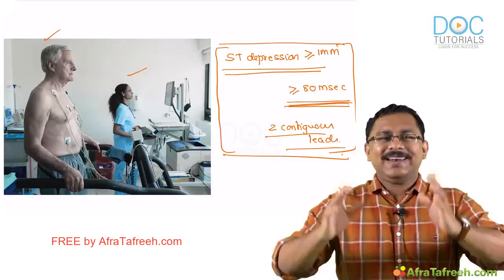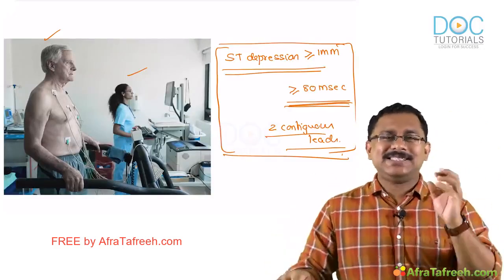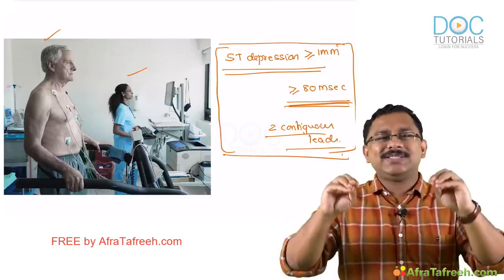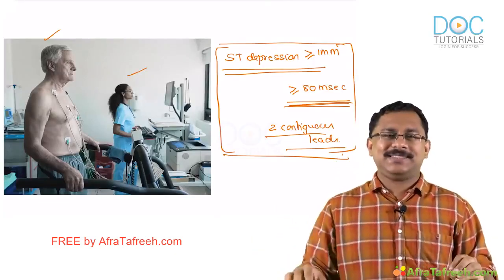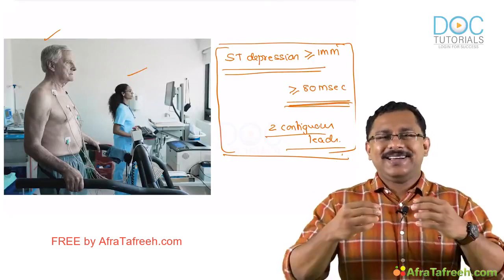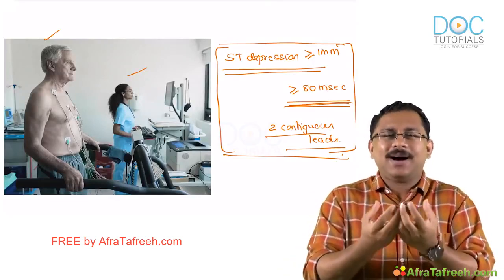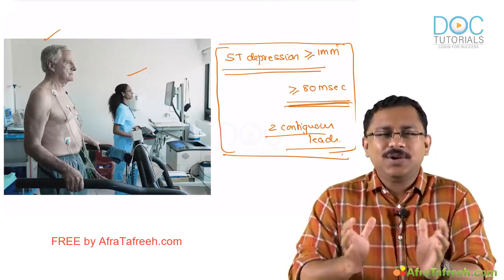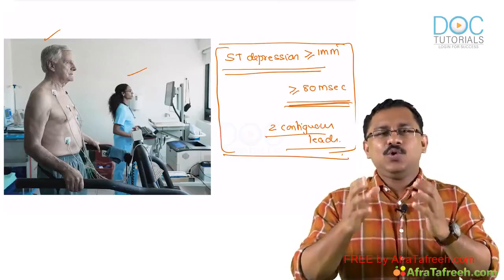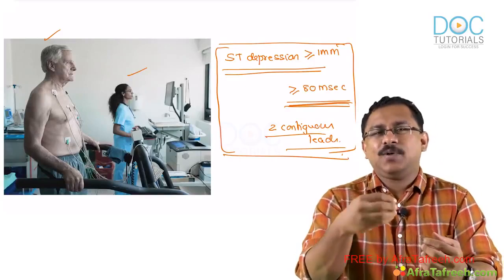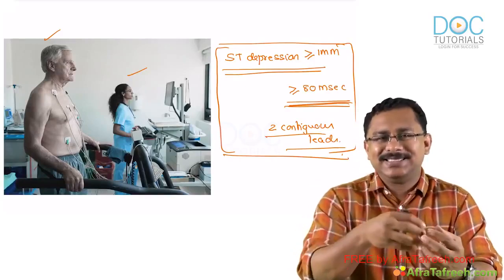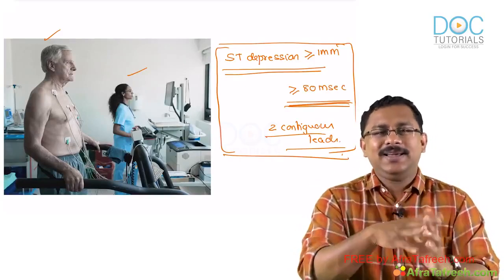Naturally, this treadmill test is nothing but iatrogenically trying to produce a demand supply mismatch. So are you actually doing some harm to the patient? Well, actually not, because you have got to pick up the patient who is having a possible high risk chronic stable angina and intervene accordingly.